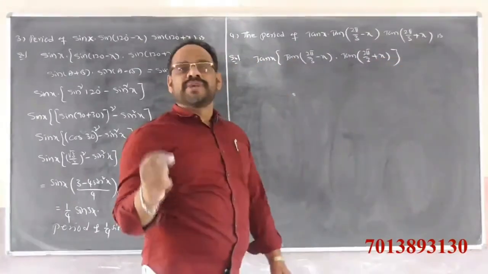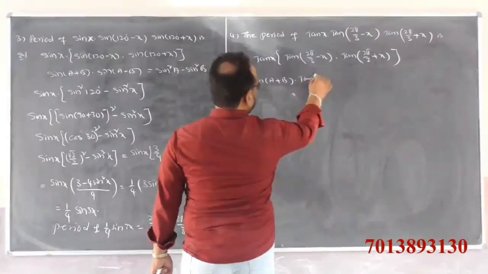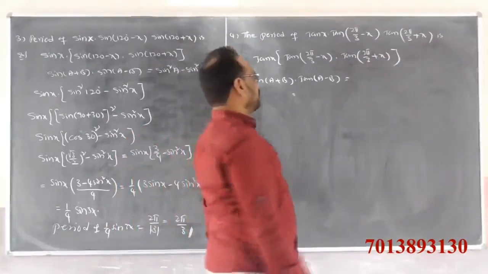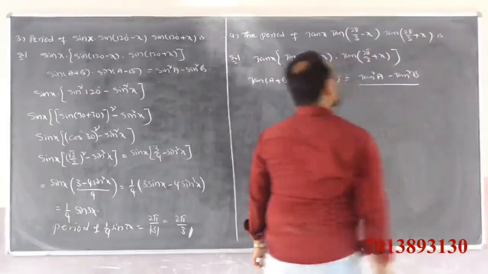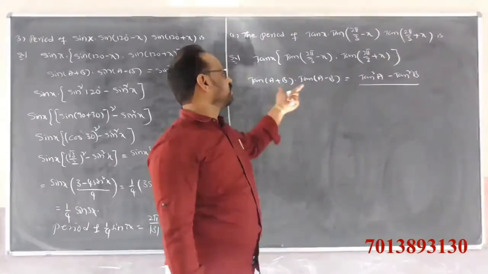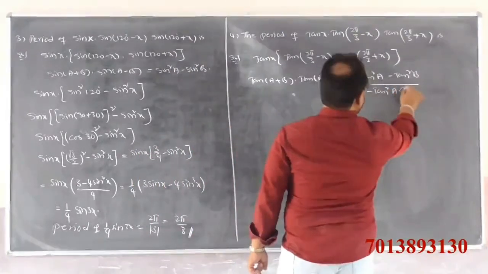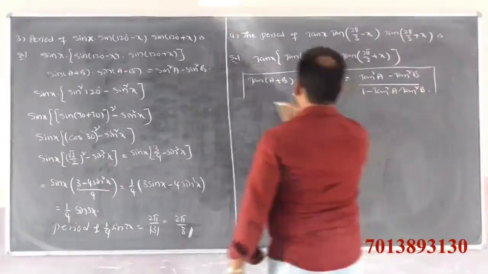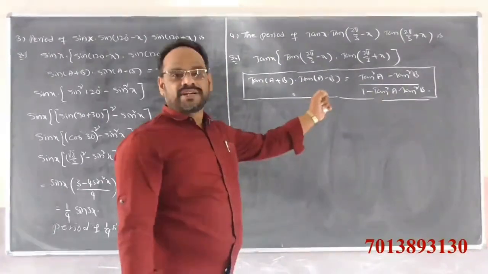We know the formula: tan a plus b into tan a minus b is equal to tan square a minus tan square b by 1 minus tan square a into tan square b.